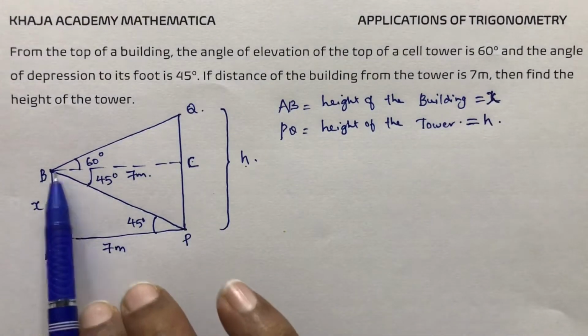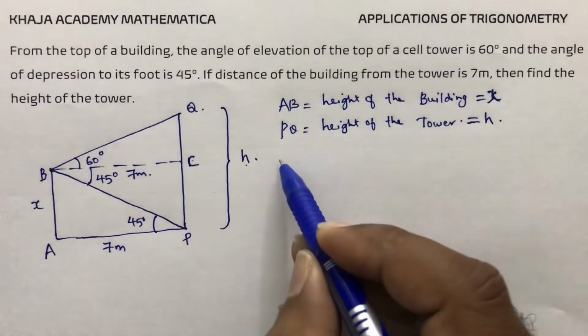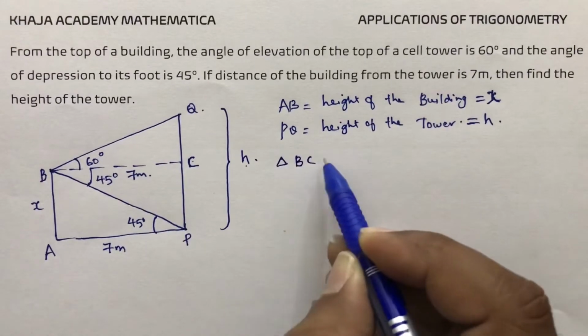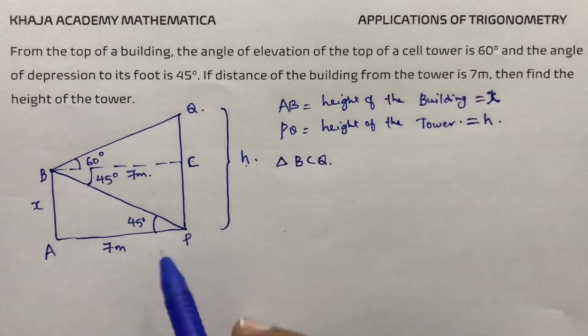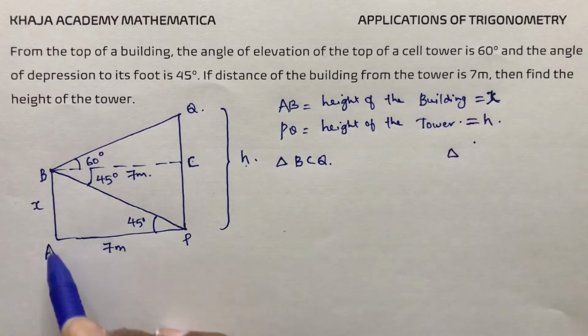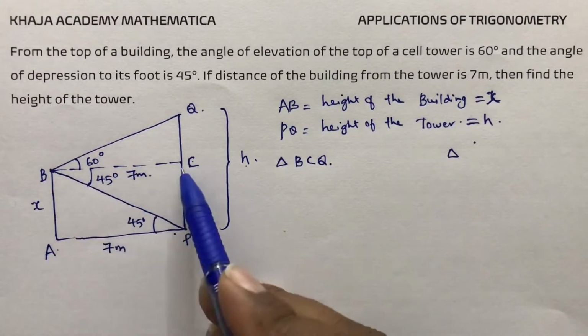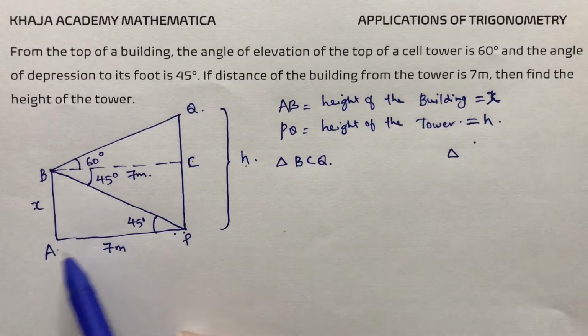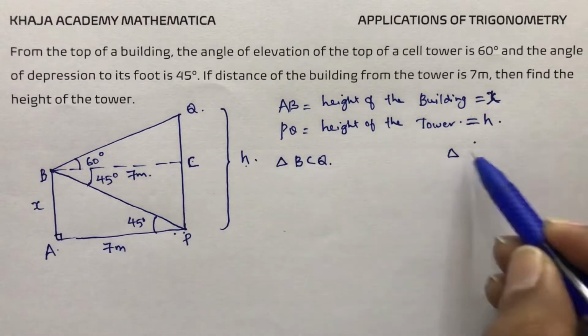Triangle BCQ, but before that, triangle BAP you can take, or you can take BCP also. I'll take triangle BAP, the angle is 90.